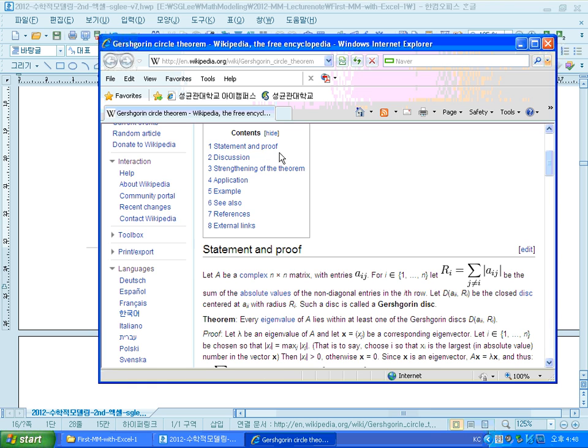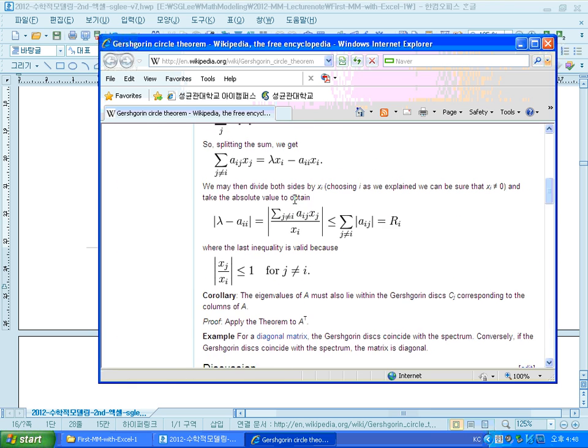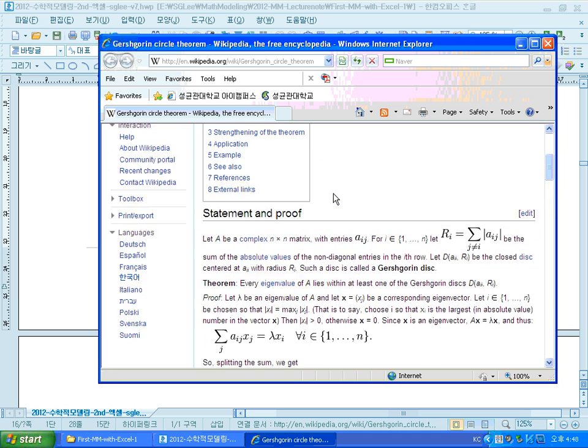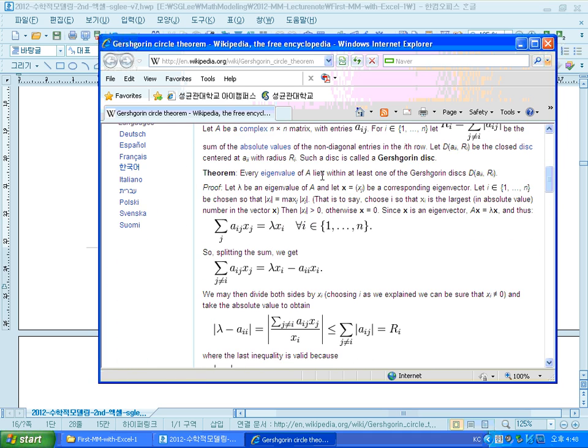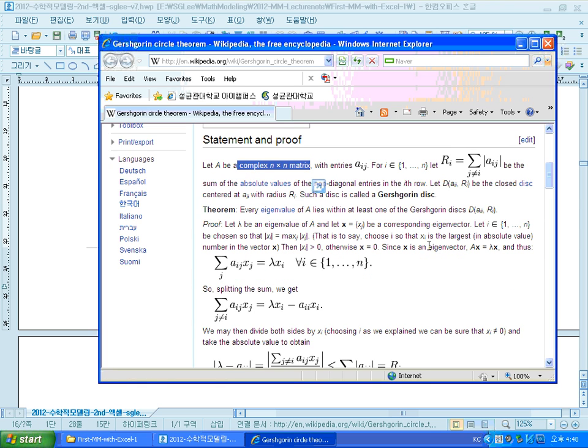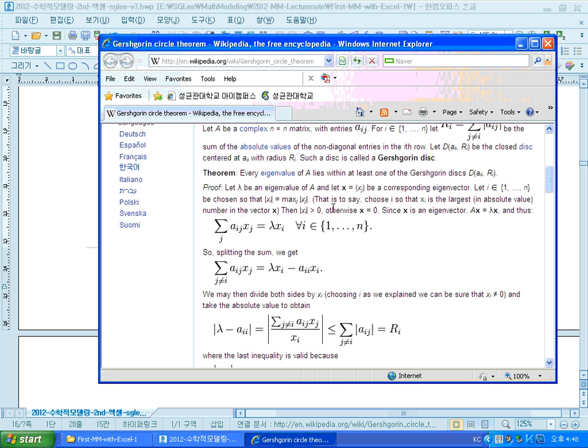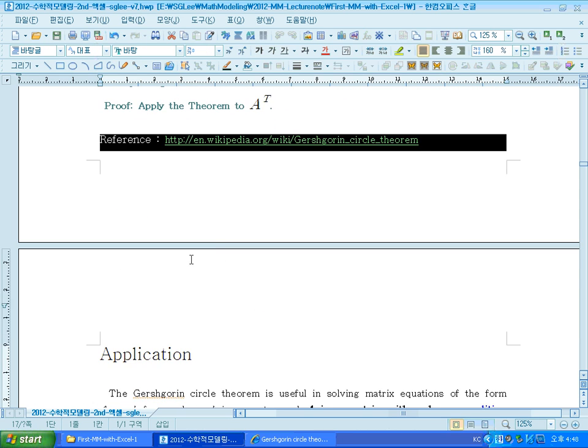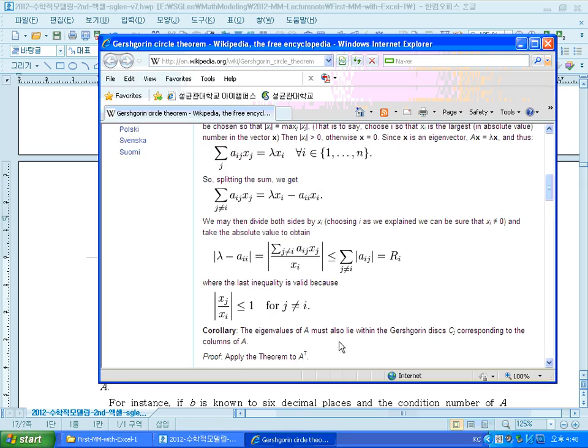Here, statement and proof and discussions and applications, etc. If this is a complex matrix, then the centers should be Aii. That could be a complex number. Okay, that's right.